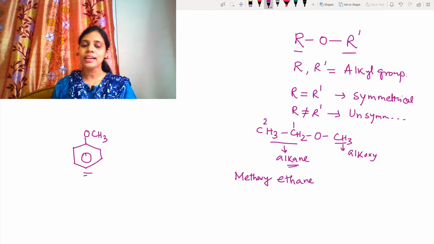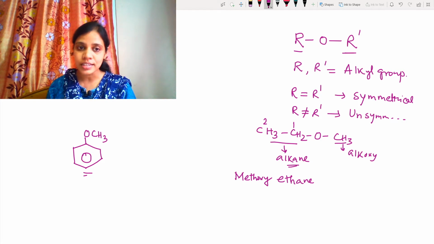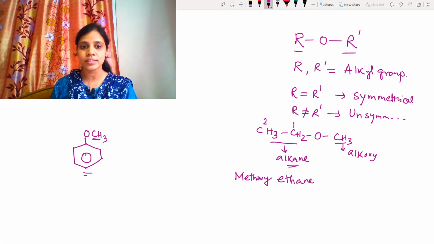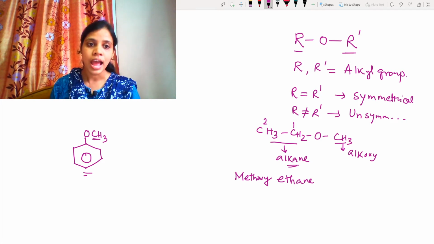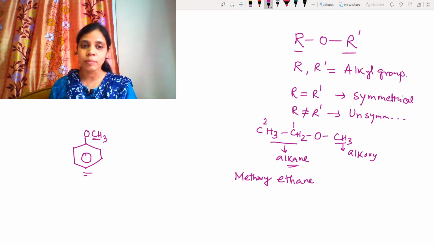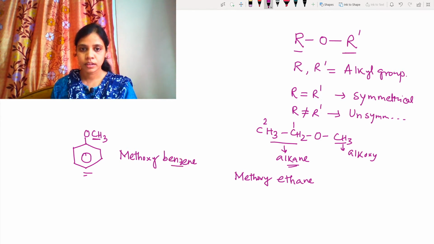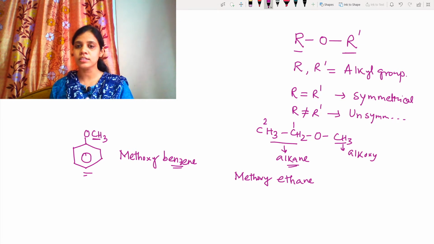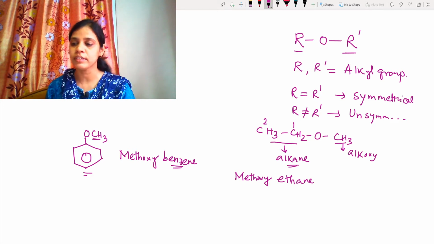Alkoxy means where the carbon is less; here only one carbon is present, so it is the alkoxy part, and here 6 carbons are present, so it is the alkane part. So its name is methoxybenzene. This way we can write the IUPAC name of ether.